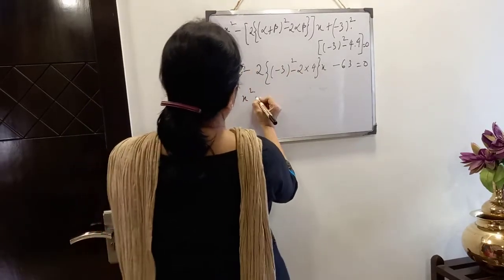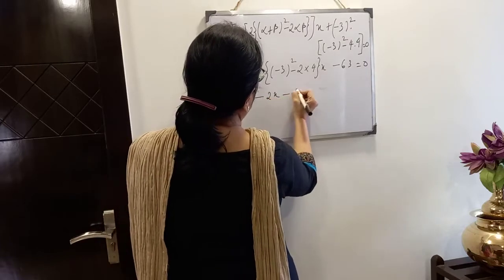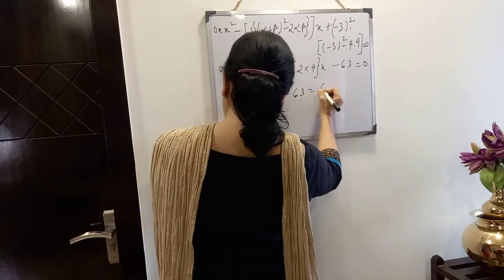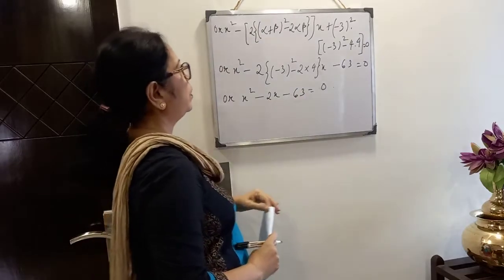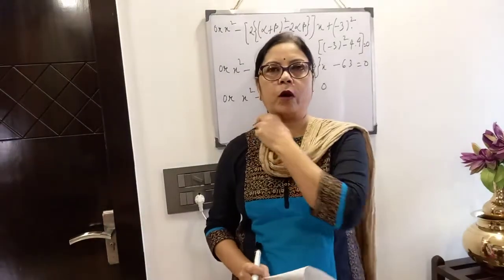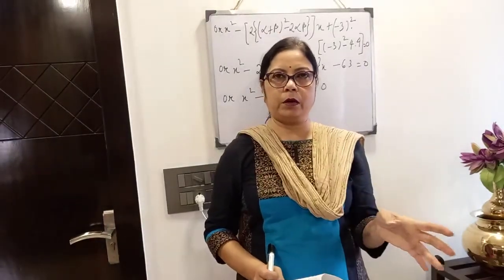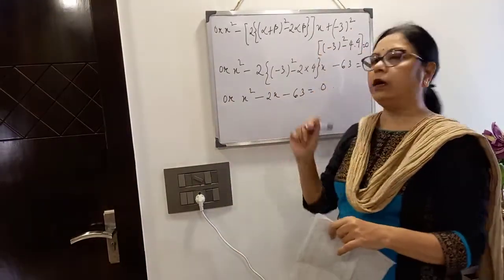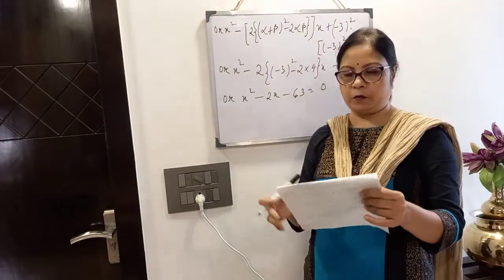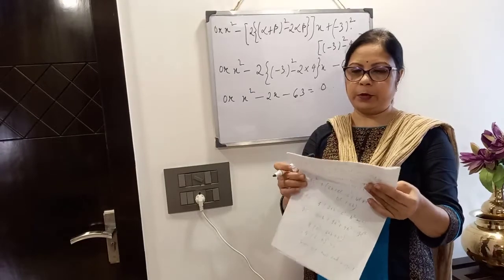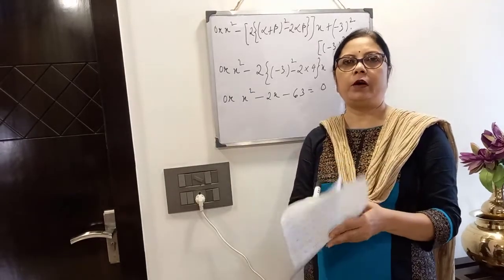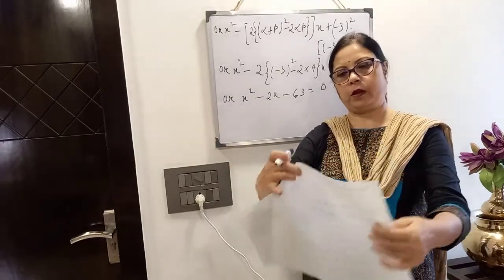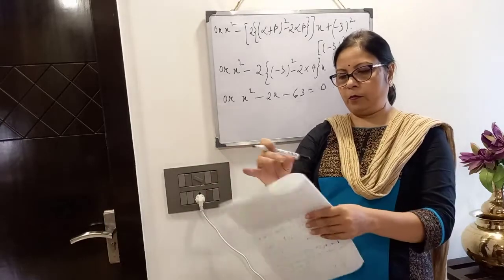So 1, and that is minus 2x minus 63 equals to 0. So the roots of one equation were given, alpha beta, and now we have got the other equation whose roots were alpha plus beta whole square and alpha minus beta whole square. Clear? Now I am doing the next type.